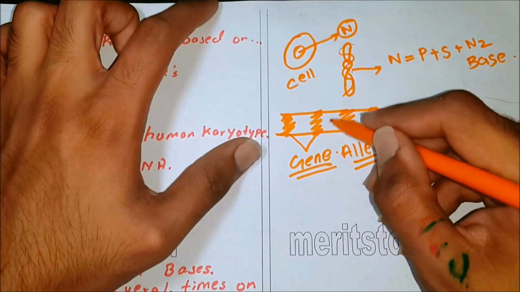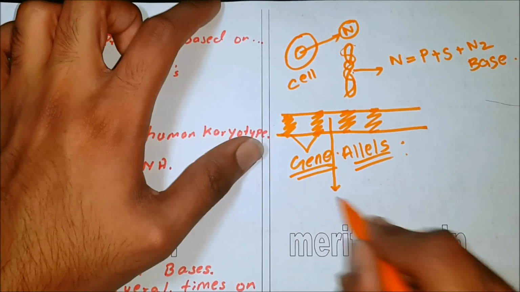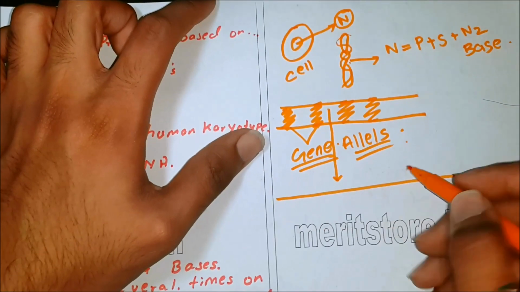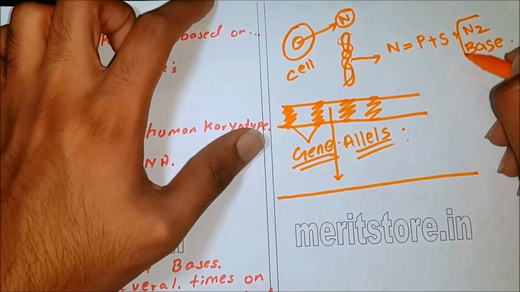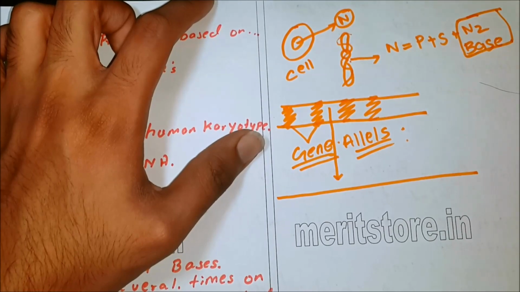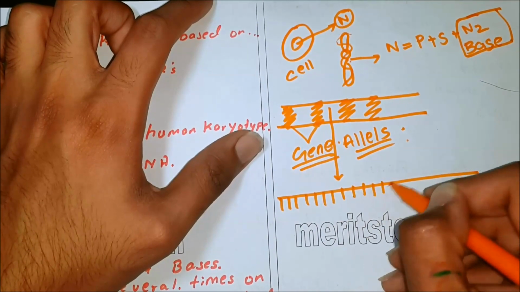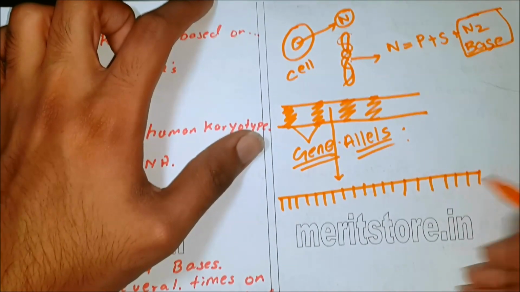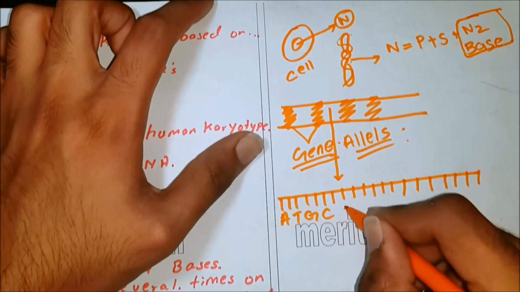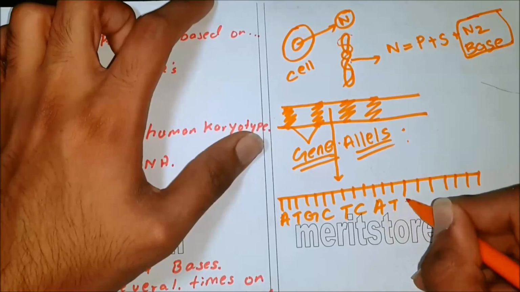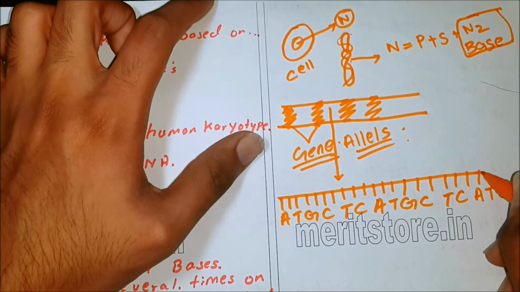For now, we'll concentrate on the region between these, as this region here. So if I zoom in, it's going to be looking like this. And since I told you it is made up of nitrogenous bases, these bases are going to be arranged linearly like this, and so on.